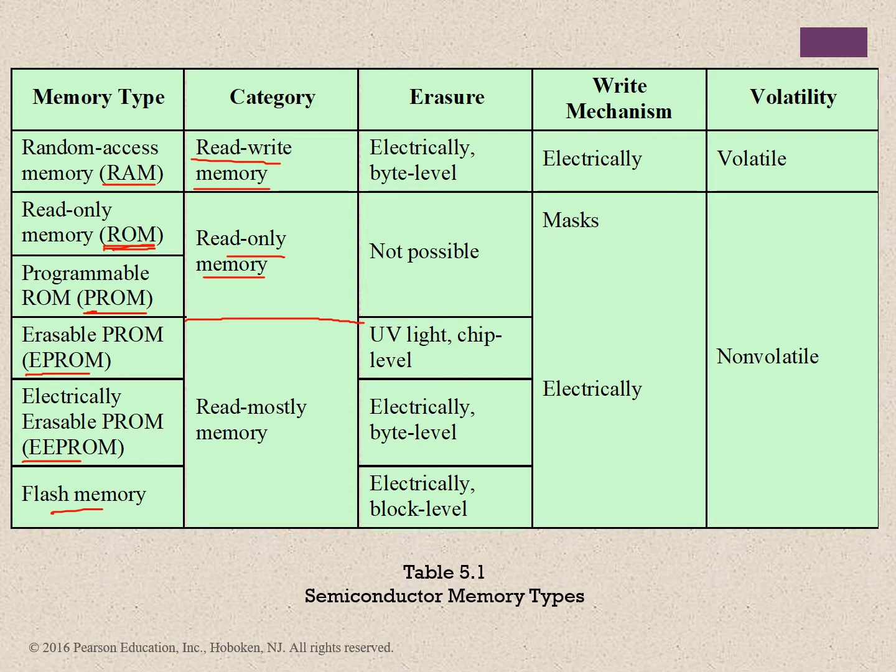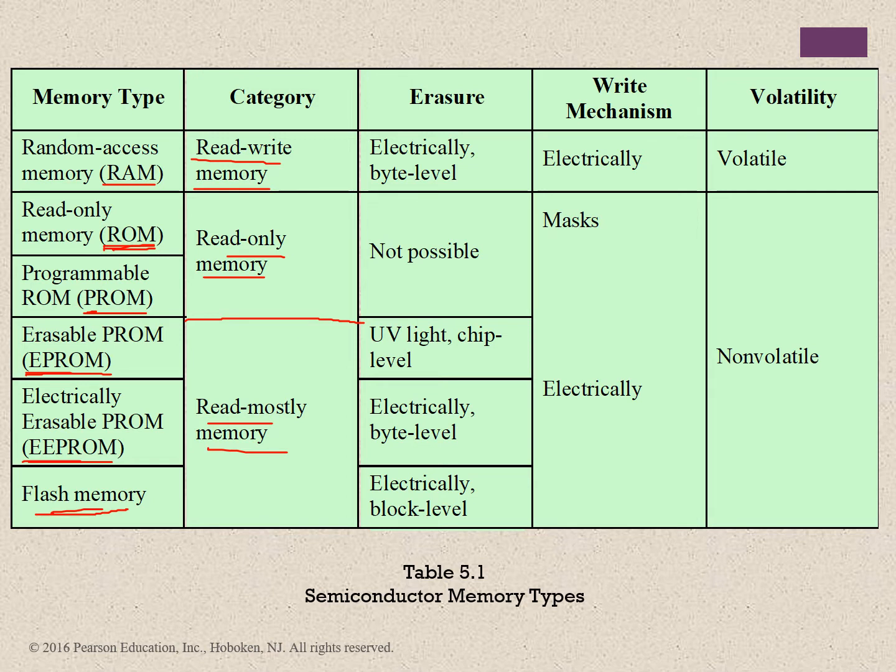And the last three, erasable programmable read-only memory, electrically erasable programmable read-only memory and flash memory, come under the category read-mostly memory. That means you can still write again, but mostly you will be reading from this memory. So this is the idea of category.